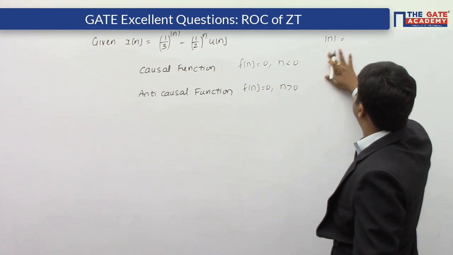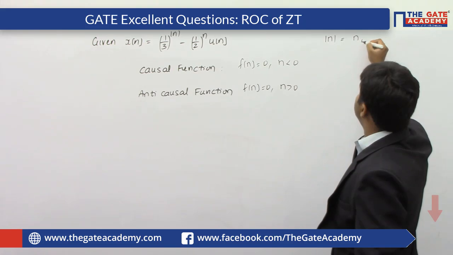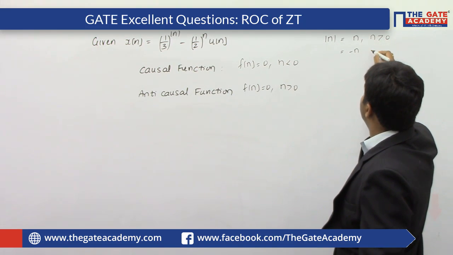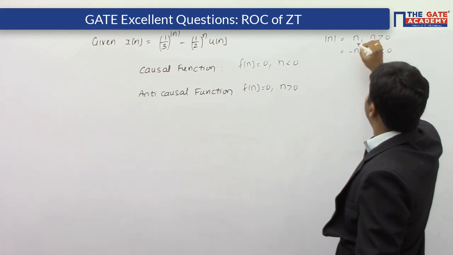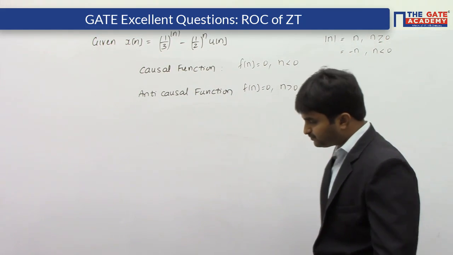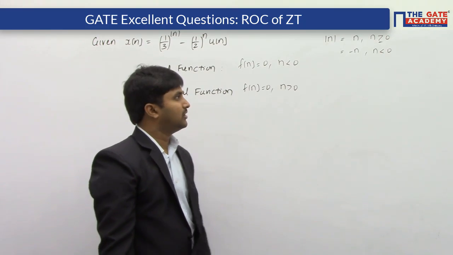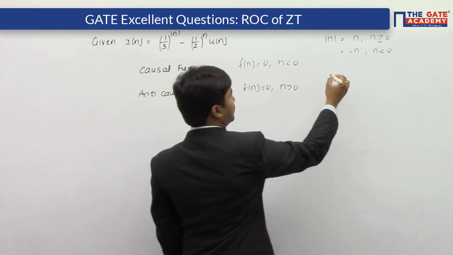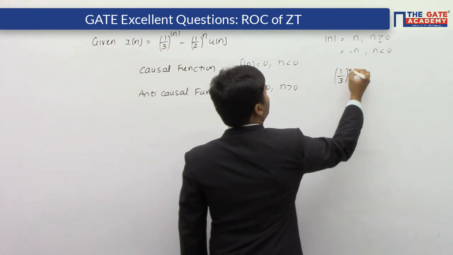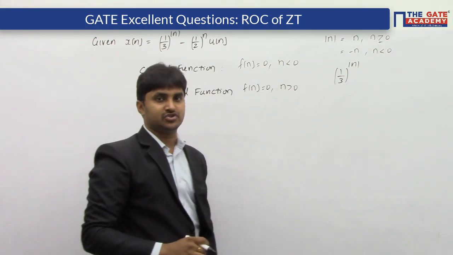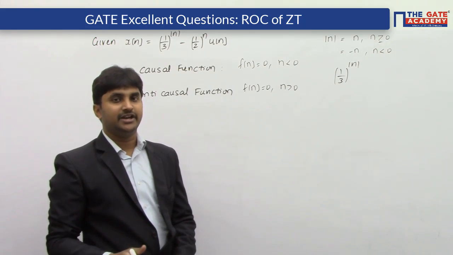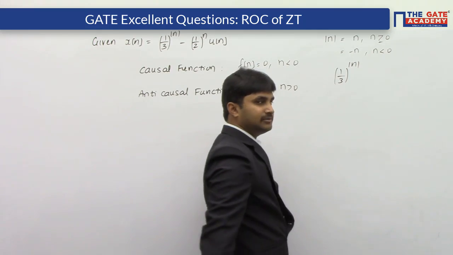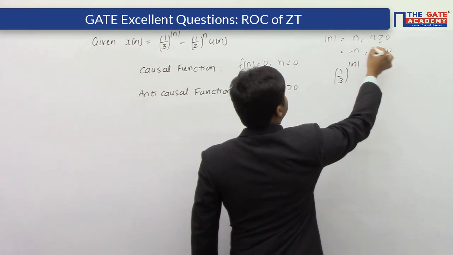Mathematically, |n| is equal to n for n greater than 0, equal to minus n for n less than 0, and equal to 0 for n equal to 0. So I can divide this particular function, (1/3)^|n|. This is the tricky part of the question, how to write this function in terms of causal and anti-causal parts.